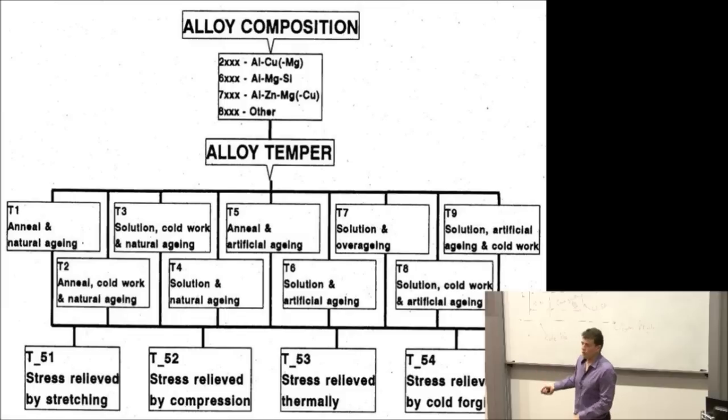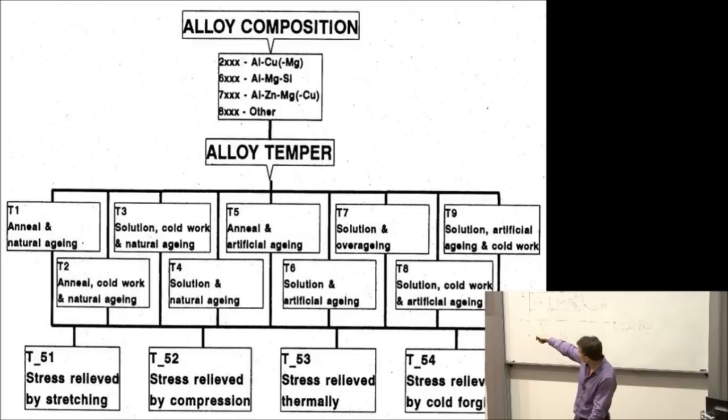Again, this is really for reference rather than talking about in class, but there are different heat treatments and tempers that can be applied to aluminium. So when you see a code for an aluminium alloy, generally the code will be a 4-digit number that'll start with a 2, a 6, a 7 or an 8. Aerospace is normally 2000 or 7000 series. Then they'll have a T something afterwards.